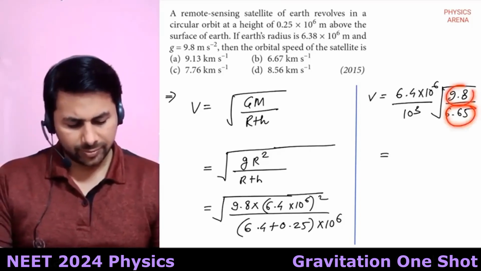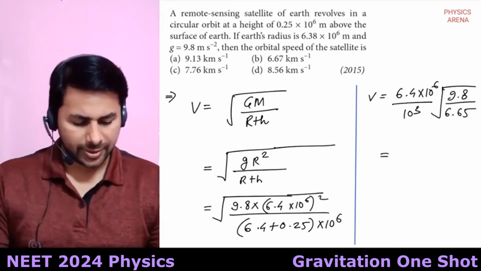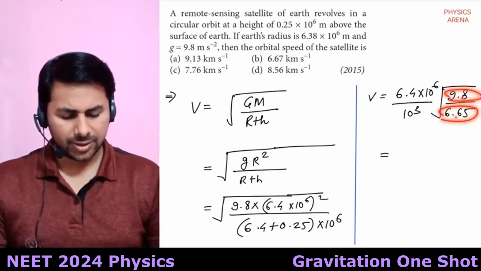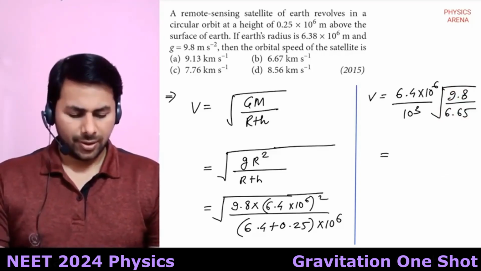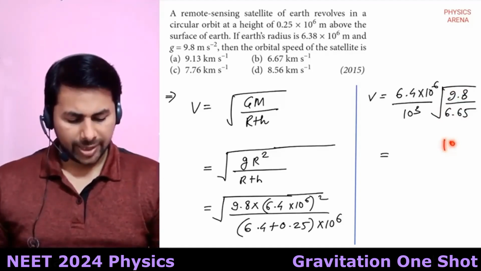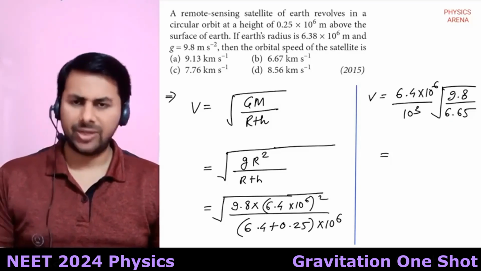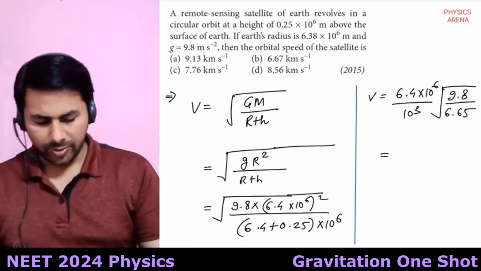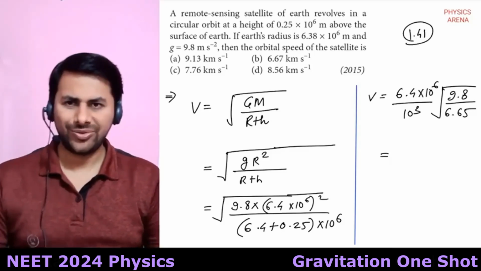How much would this be? Well, it will be 1.2 or 1 point something. This is close to 7, this is close to 10. 10 by 7 is 1.3 something.